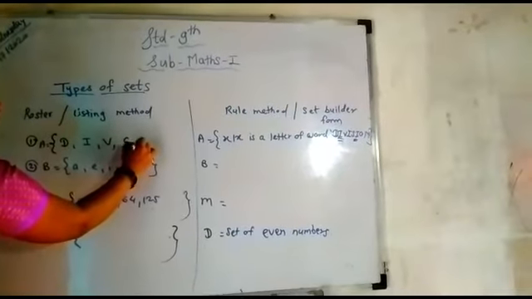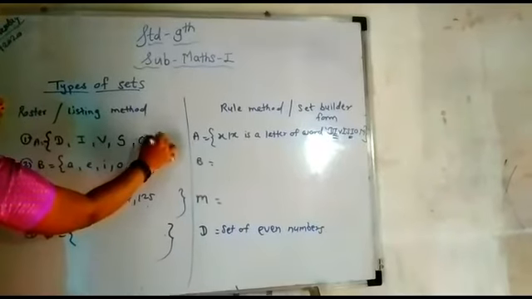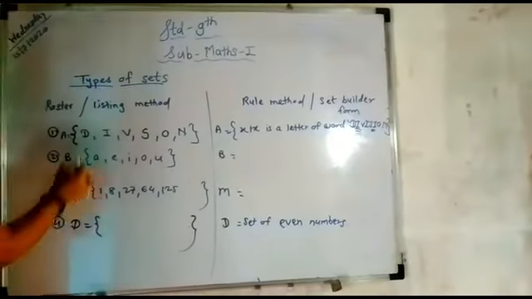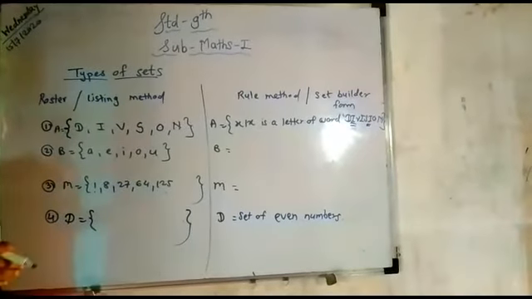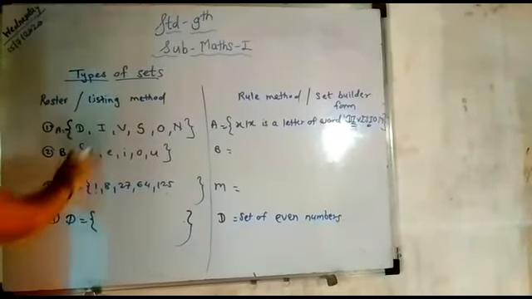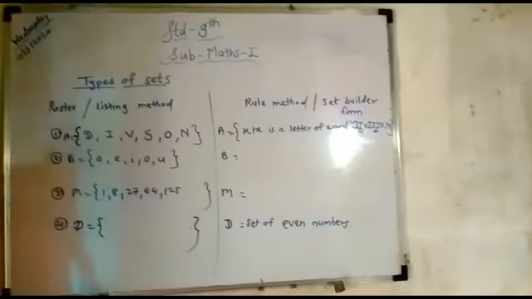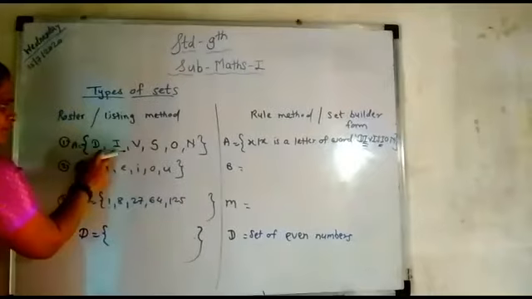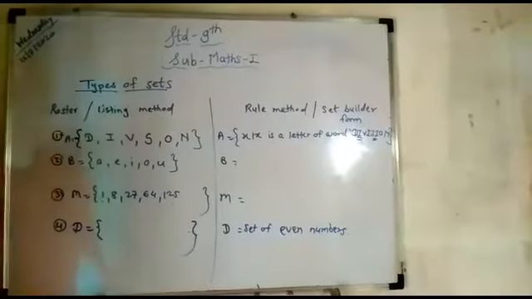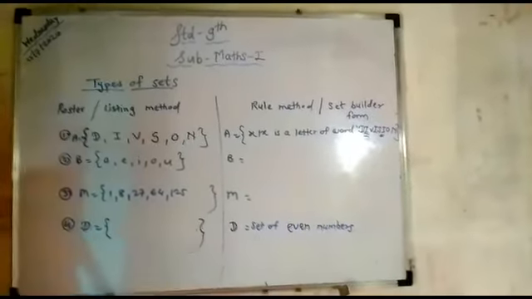Then S, O and N. Here all letters are present. We cannot repeat one letter 2 times or 3 times. Only one I is written. It is the roster method. And between 2 letters we put a comma. It is called the roster method.